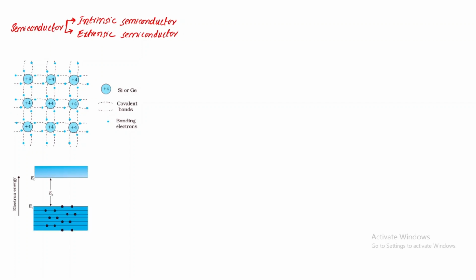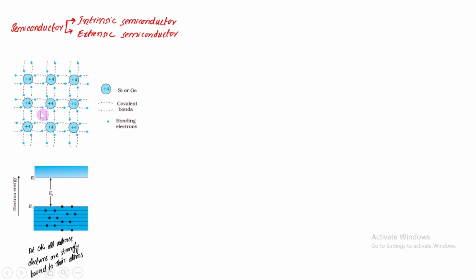This is that energy band diagram, and at 0 Kelvin, at very low temperature, all valence electrons are strongly bound to their atoms. They are not free. There is no electron in the conduction band.